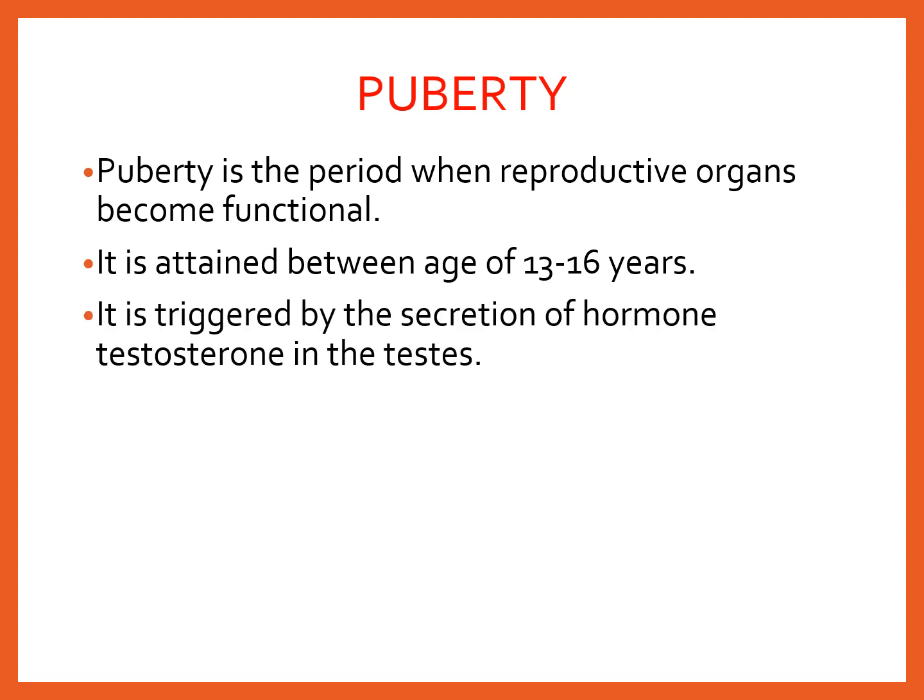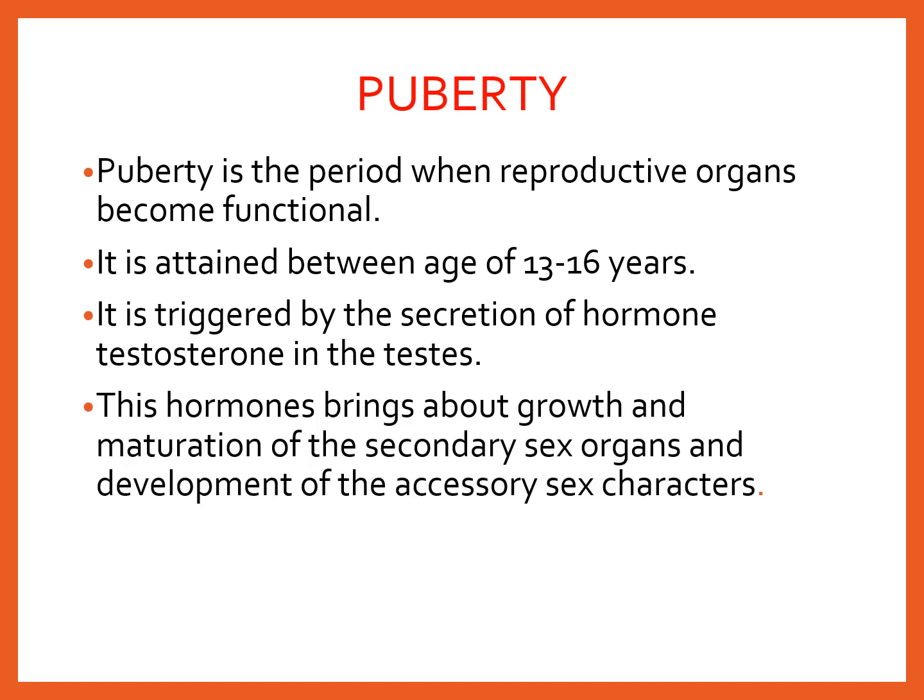It is triggered by the secretion of the hormone testosterone in the testes. So spermatogenesis starts because of the secretion of testosterone. This hormone brings about growth and maturation of secondary sex organs and development of secondary sex characters.